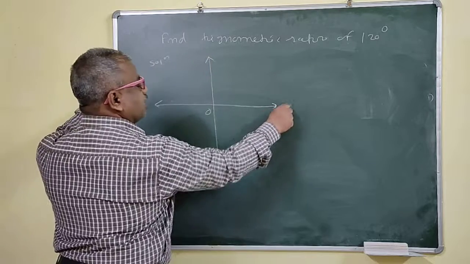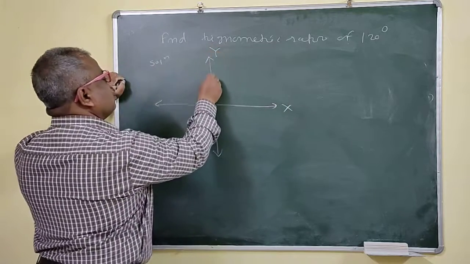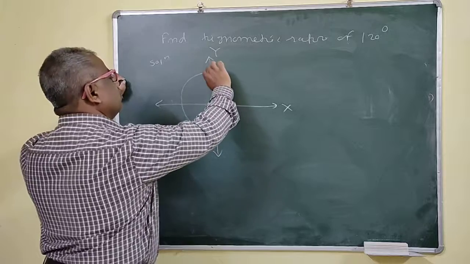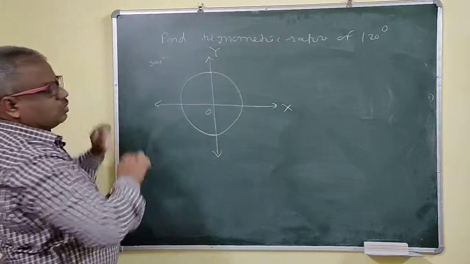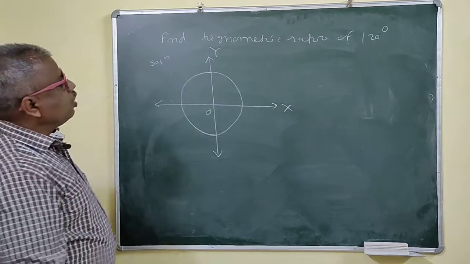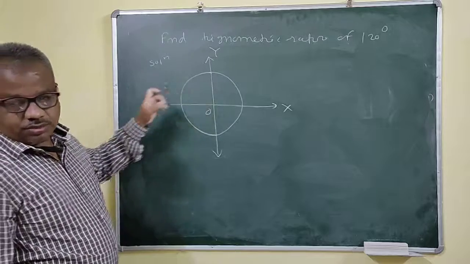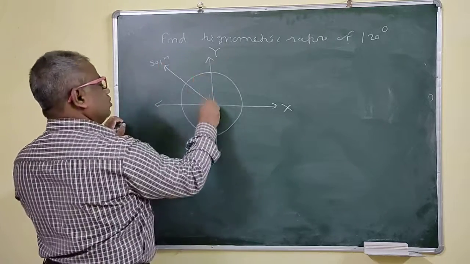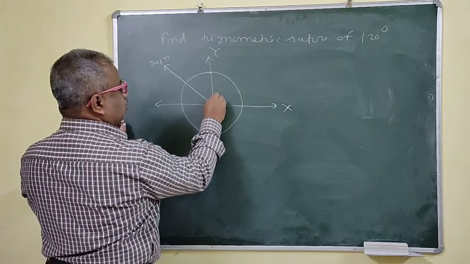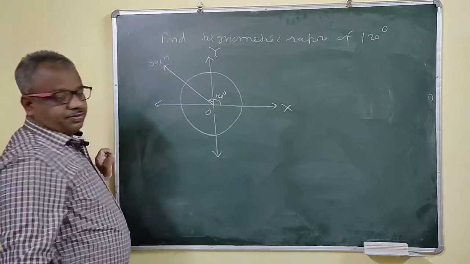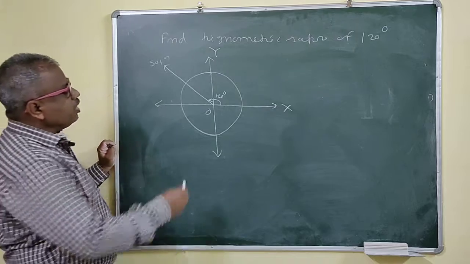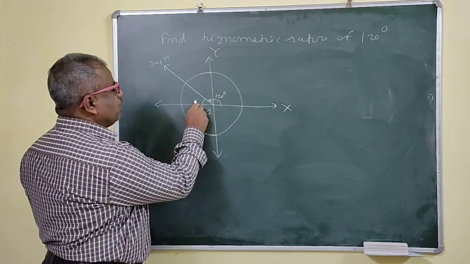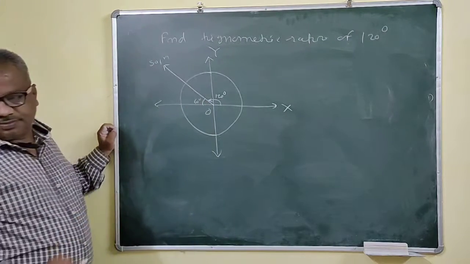So this is the x axis, this is your y axis, this is the standard unit circle, where 120 degree is in the second quadrant. So this will be your 120 degree. If it is 120 degree, then this angle will be 60 degree.